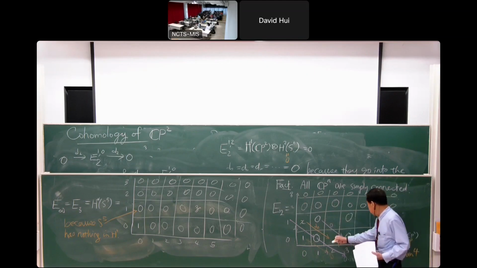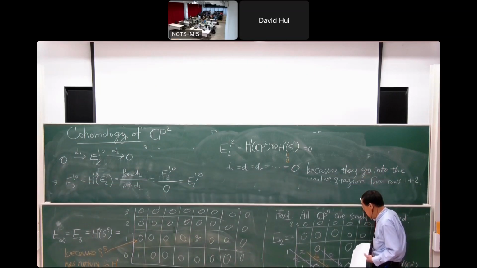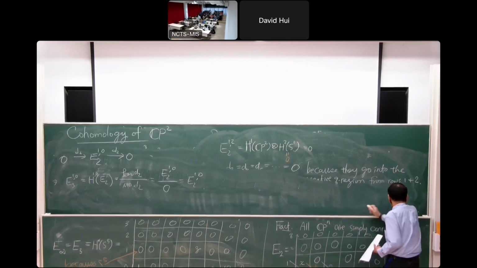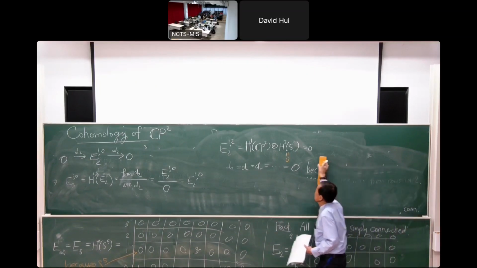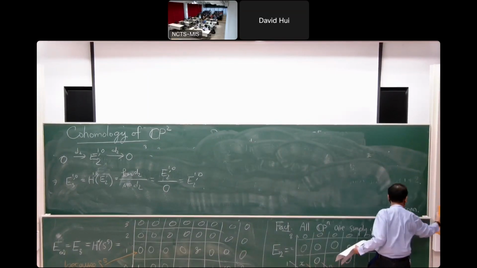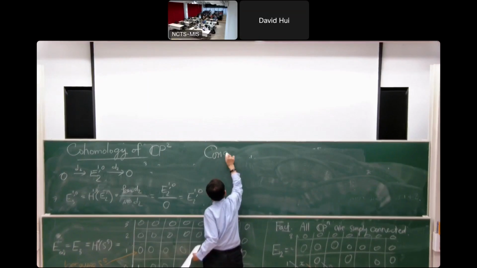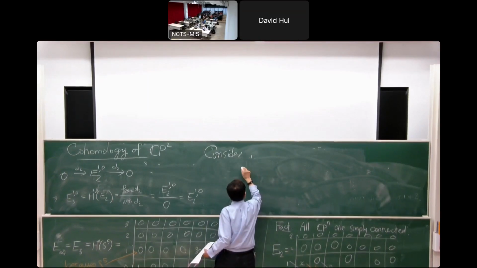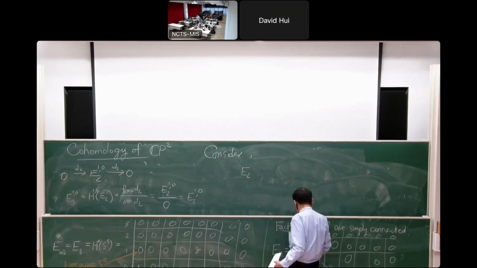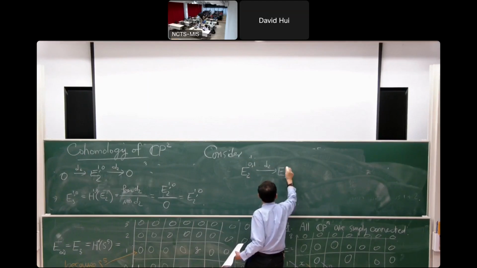Right. So now we have to look at this box. This is E2 of 2, 0, and it comes from E2 of 0, 1. Consider E2 of 0, 1 goes to E2 of 2, 0.